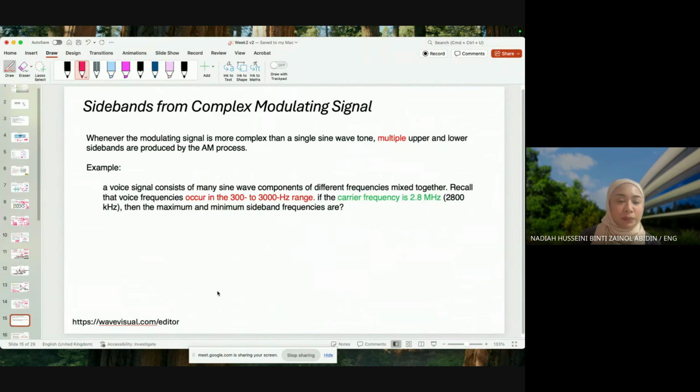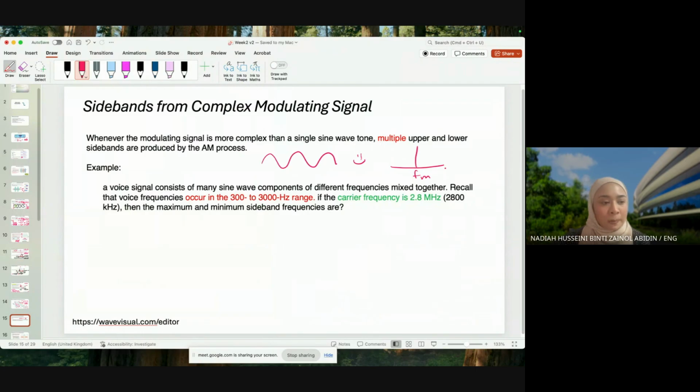So we have an example here. Whenever the modulating signal is more complex than a single sine wave tone, which means that it has more than one frequency, multiple upper and lower sidebands are produced by the AM process. What does that mean? Remember we had our beautiful basic signal, which is basically one stick, one frequency. This is a good signal, easy for us.